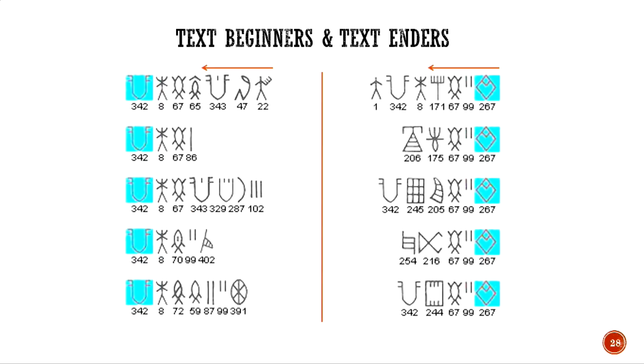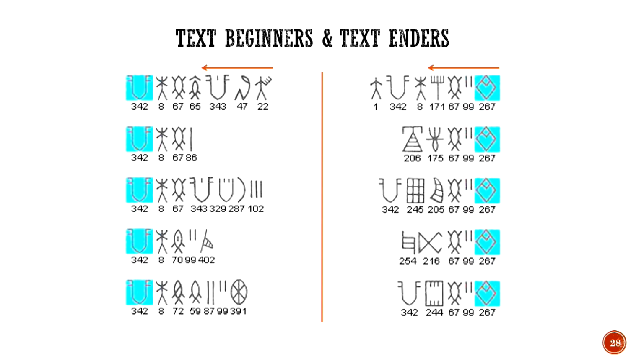And second, moving ahead, if we just browse through the texts and look for patterns, what do we notice? Here it is highlighted, but we notice that there are certain signs which seem to appear at the beginning of the Indus text, and I've listed the texts which have this sign, but there are other beginners also.